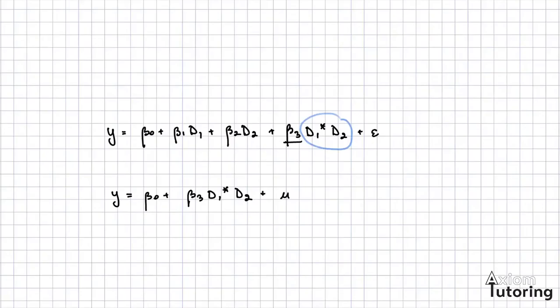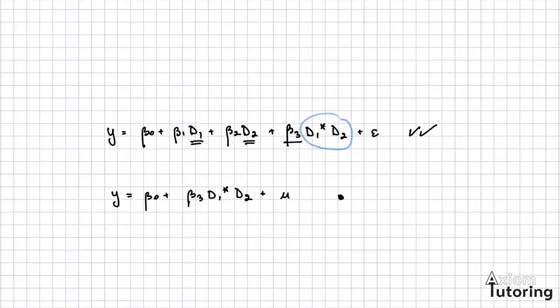While this model looks quite okay and reasonable because you have included the interaction term, something is missing. This should be the correct model that you use, and D1 and D2 have to appear on their own as well. These are usually also called constituent terms.